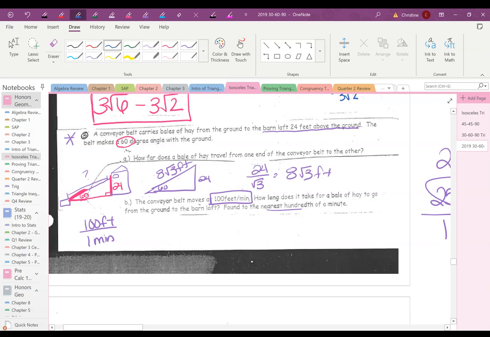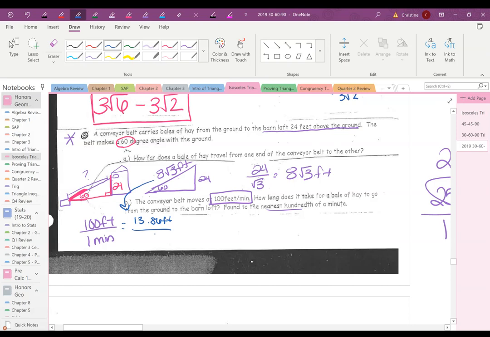So if I put in the calculator 8√3, the approximate distance of 8√3 feet is about 13.86 feet. Okay, so that is way less than 100. So our time should actually be way less than 1 minute.